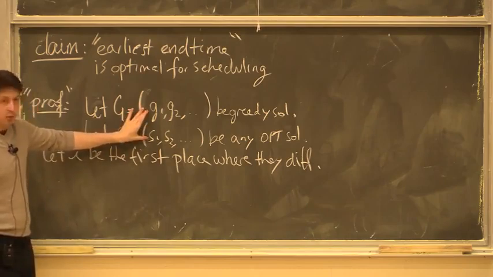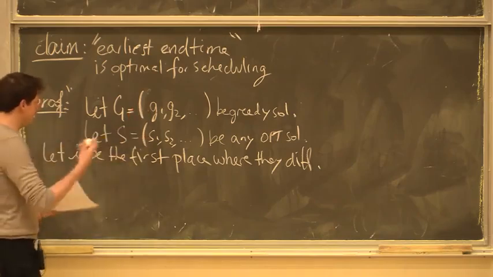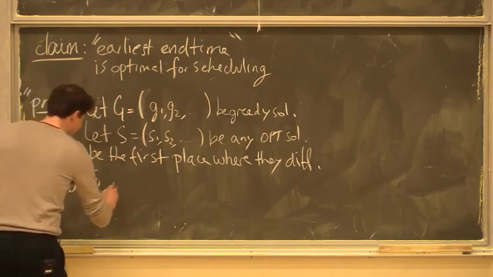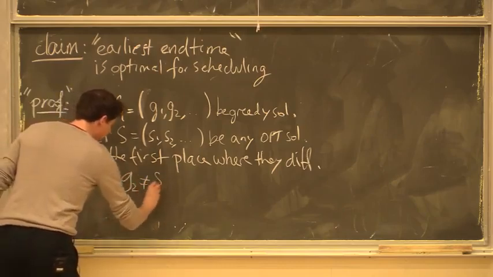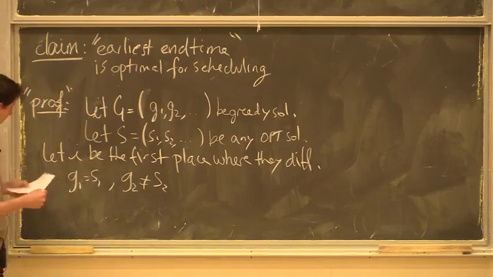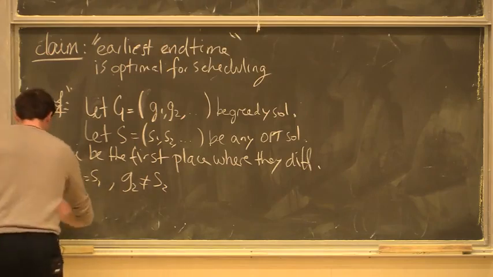So either G1 equals S1 or not. Okay? Let's say, for simplicity, that G1 does equal S1, but G2 doesn't equal S2. Okay? So let's produce a new solution.